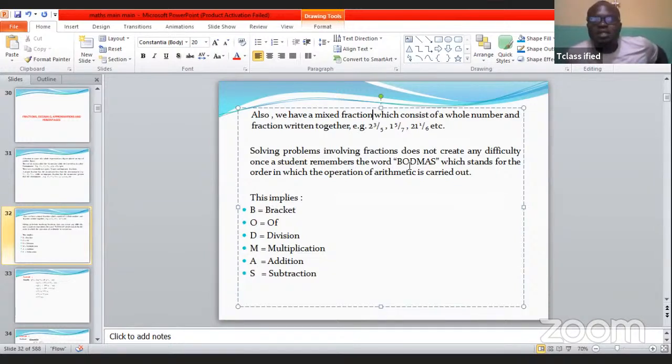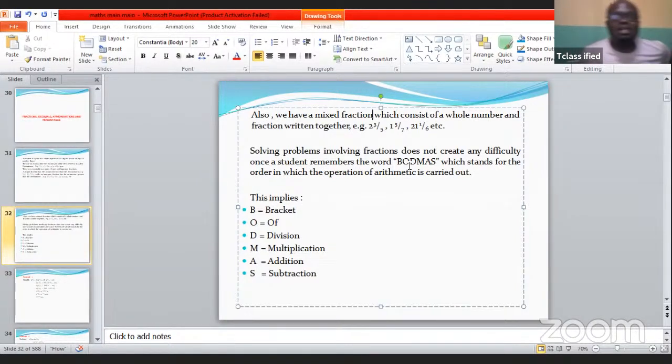So what does this word BODMAS stand for? And this word BODMAS, exactly the way it is written, that's how you take the fraction.